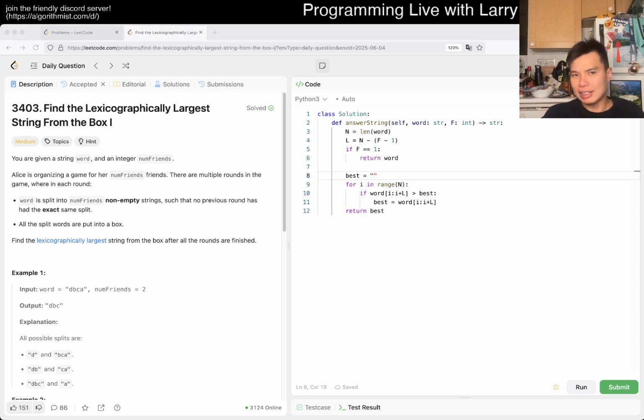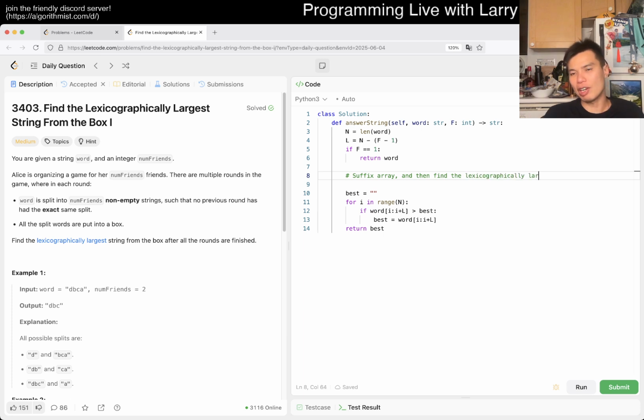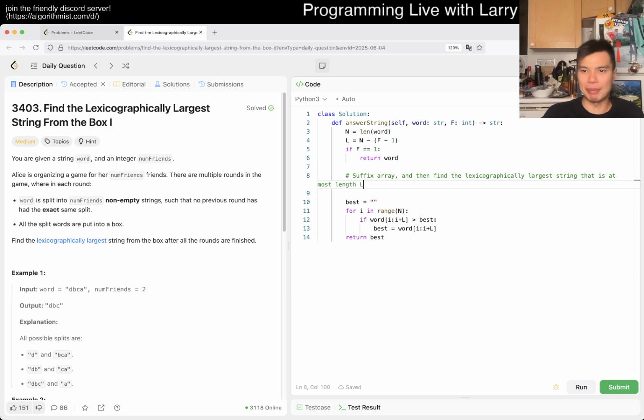Yeah. So this is going to be good enough for n times L, but I think the canonical way is just having a suffix array, and then find the lexicographically largest string that is at most length L.